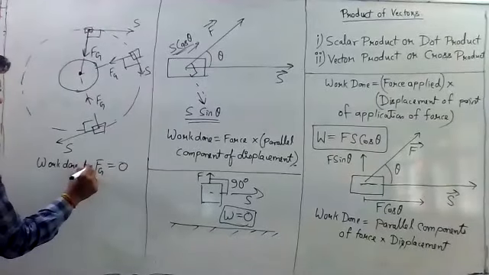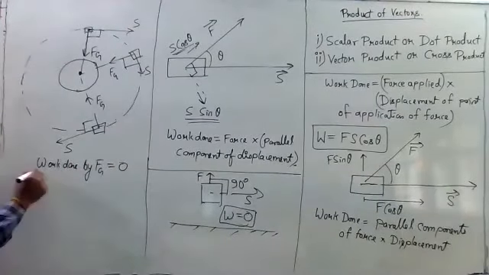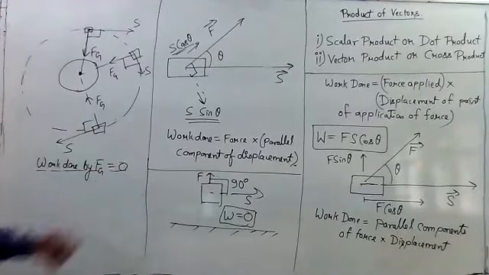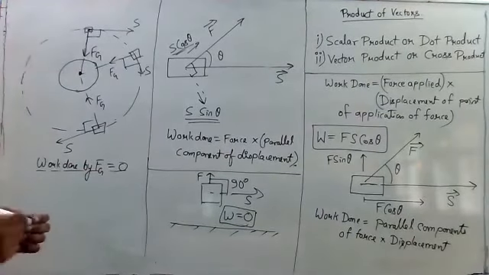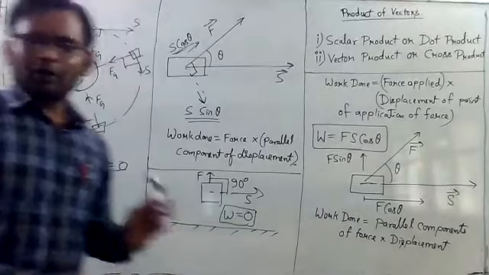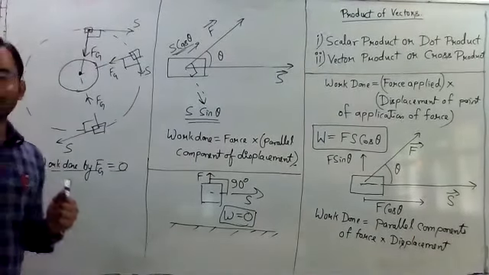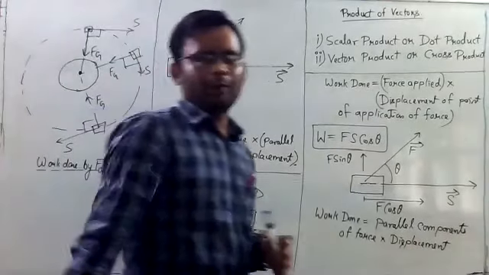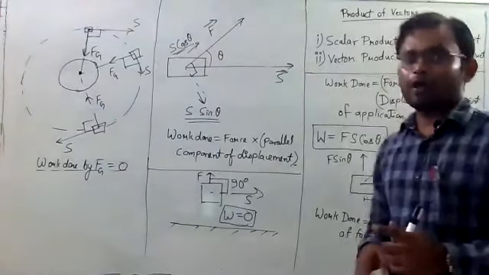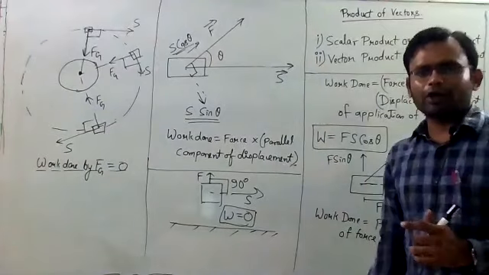These are a few examples where, when force is perpendicular to the displacement, we get zero. Basically, the dot product of two vectors is zero if the angle between them is 90 degrees. Means if they are perpendicular, the dot product is going to be zero.